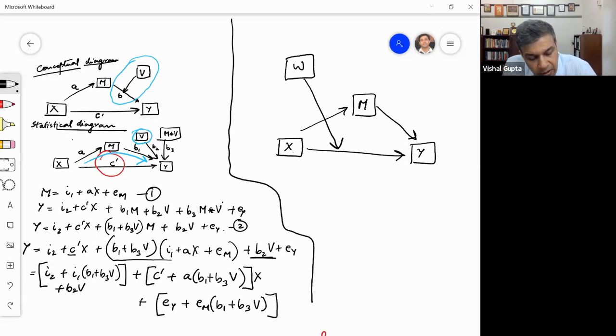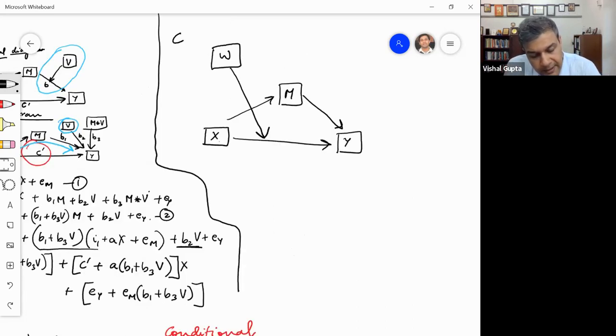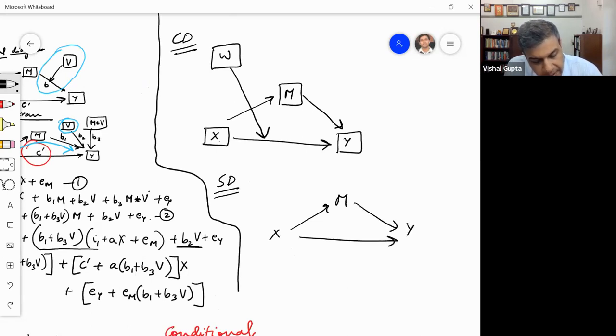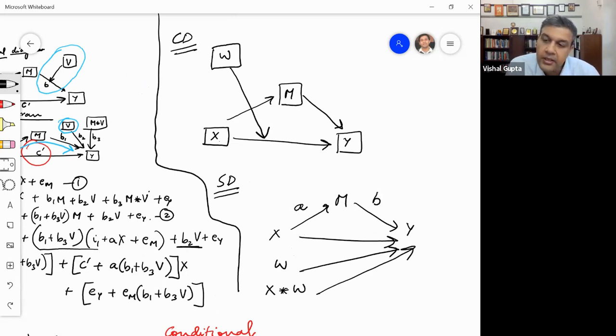If this is our conceptual diagram, the statistical diagram is going to be X to M to Y. Then you will have an effect from W to Y, and an effect from X times W to Y. This will continue to be a, this will continue to be b. We can write these as c1, c2, c3.